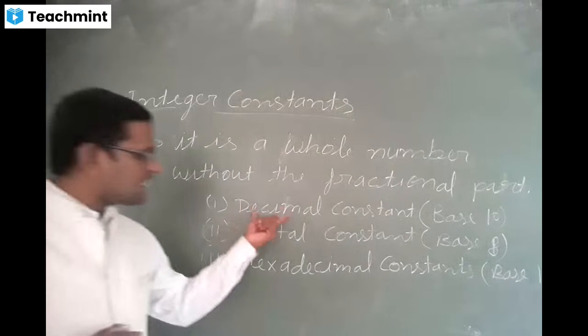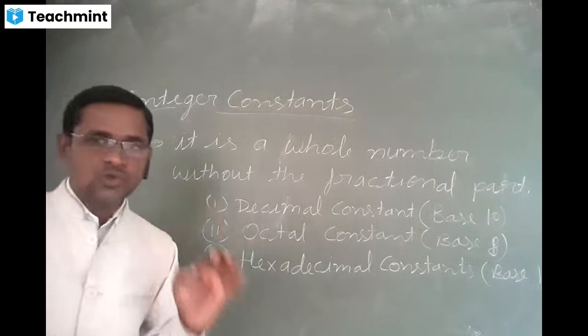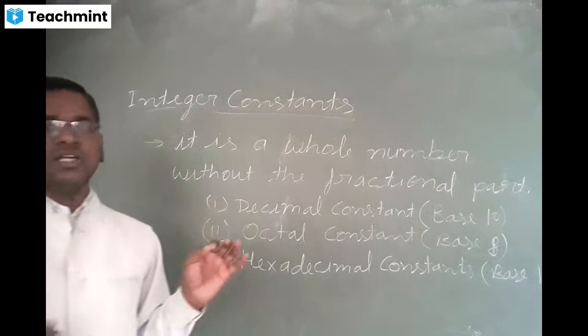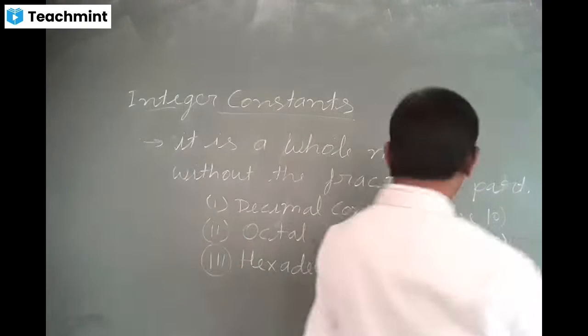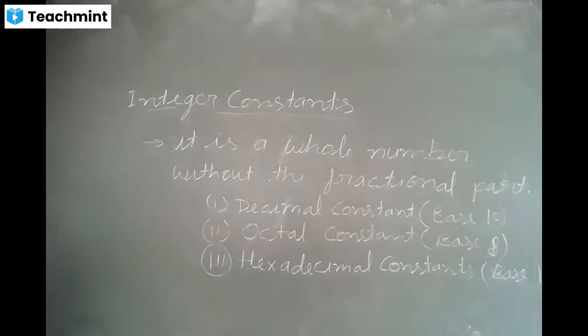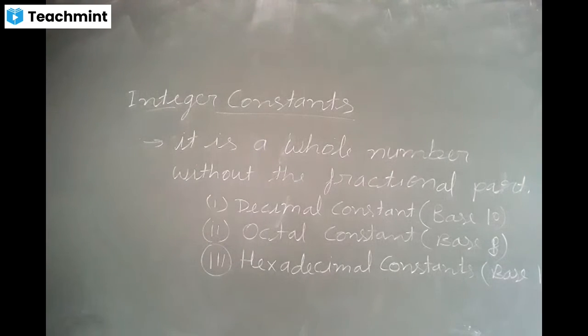This means that when we write a decimal constant, we use the digits 0 to 9. For example, a decimal constant looks like this.